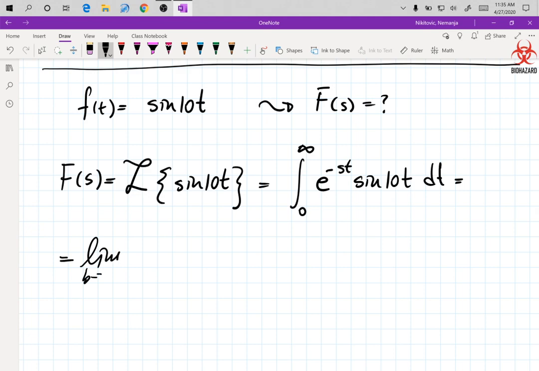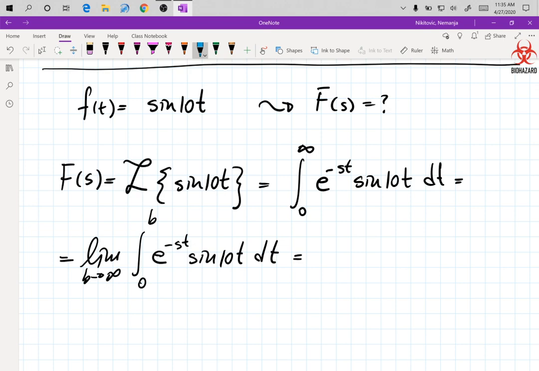Limit b goes to infinity, 0 to b, and here we have our e to the negative st sine 10t dt. All right, so just to make sure, I will be testing you a lot along the way in this calculation, so pay attention to catch every time I test you.